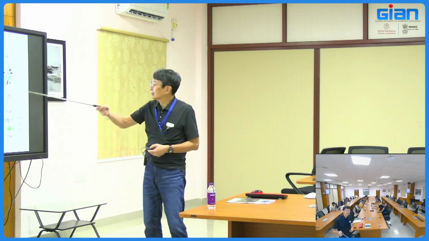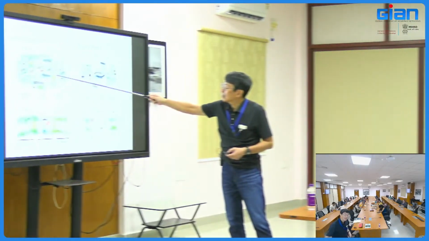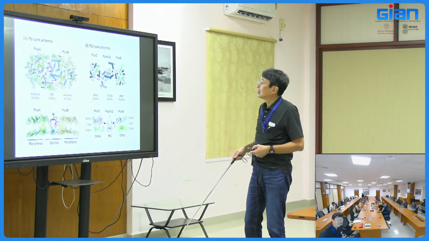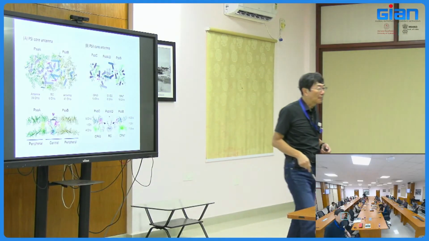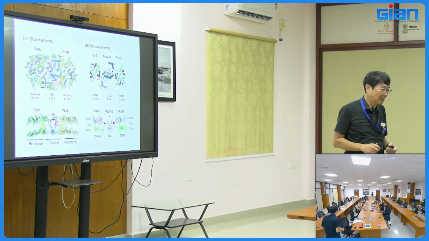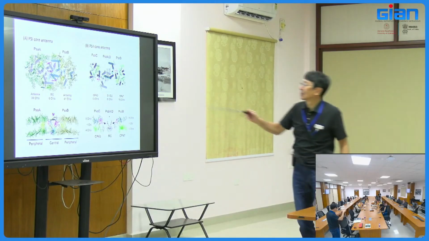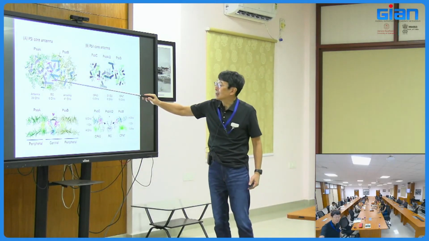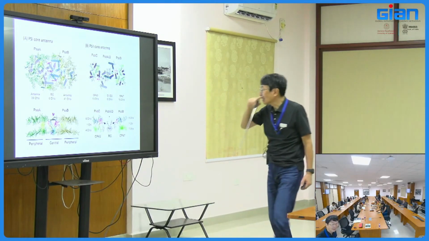So this is a view from the stromal side, and these are transmembrane helices, something like this.